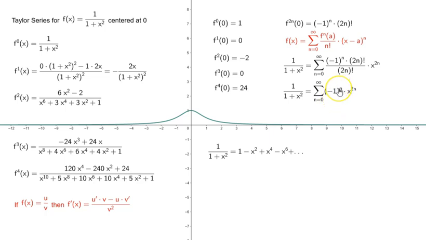Minus 1 to the power of 1 is minus 1, times x to the power of 2 times 1, that is minus x square. Now let's take n equal to 2. Minus 1 square becomes plus 1, times x to the power of 2 times 2, that is plus x to the power of 4.